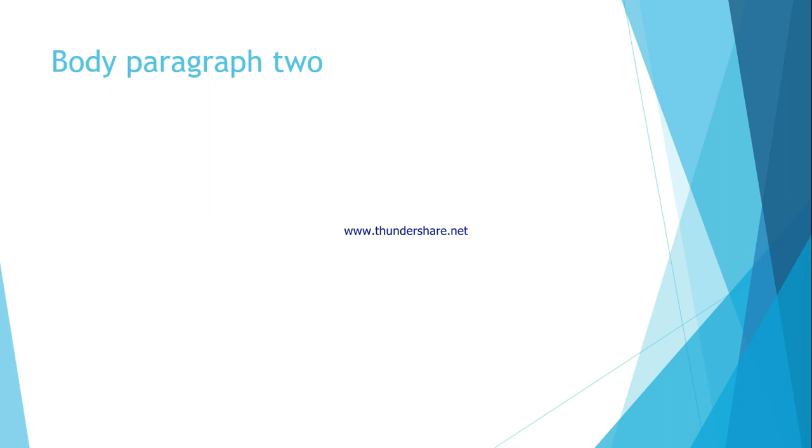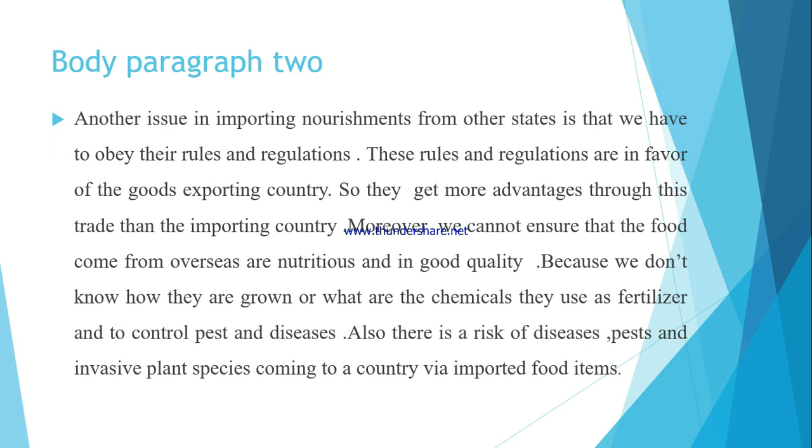Turning towards body paragraph 2. Another issue in importing nourishments from other states is that we have to obey their rules and regulations. These rules and regulations are in favor of the goods exporting country.